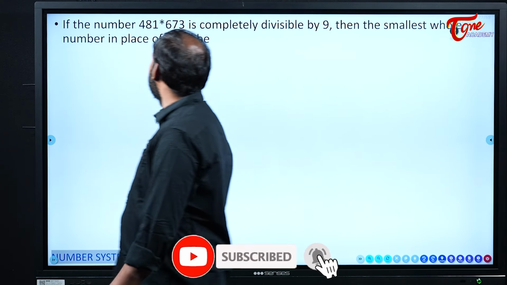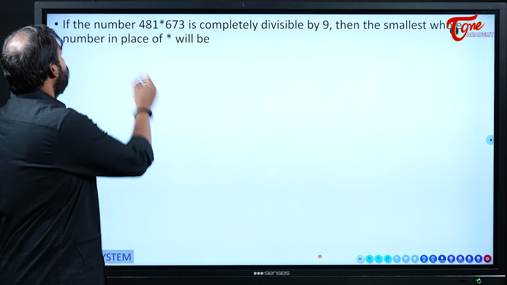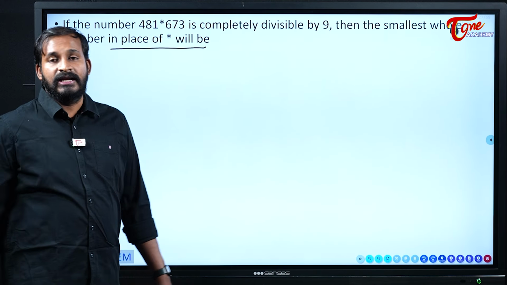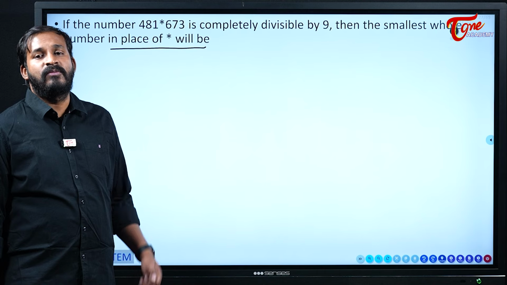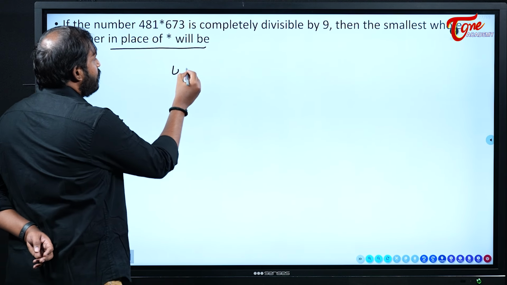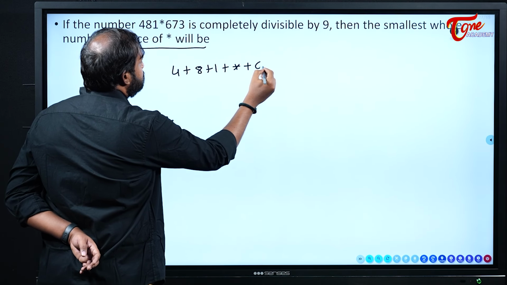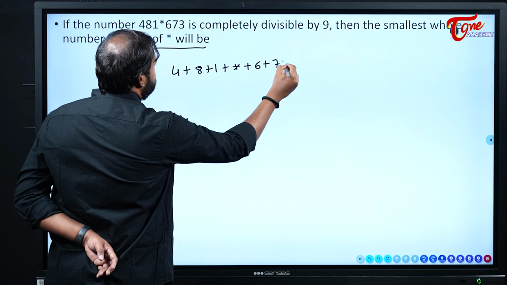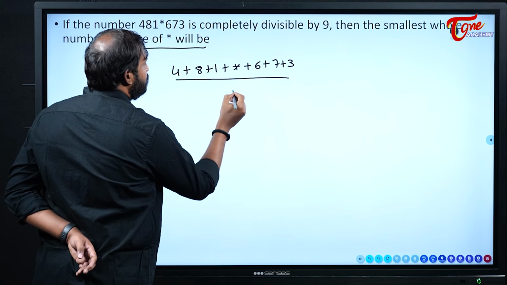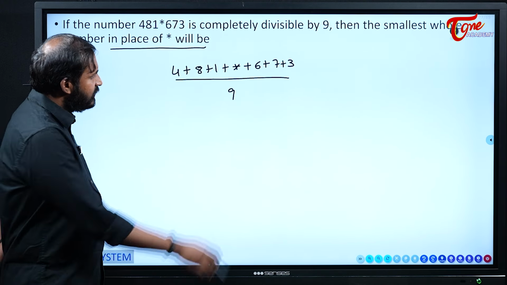Next, if the number 481*673 is completely divisible by 9, what is the smallest whole number in place of star? They clearly mentioned the smallest whole number in place of star. We will see: 4 plus 8 plus 1 plus star plus 6 plus 7 plus 3 should be divisible by 9. As I already told you, you can cancel the 9 sums also, or else add completely.